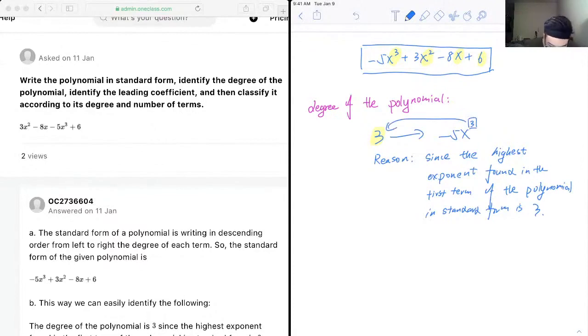And after identifying the degree of the polynomial, next we need to do the leading coefficient.